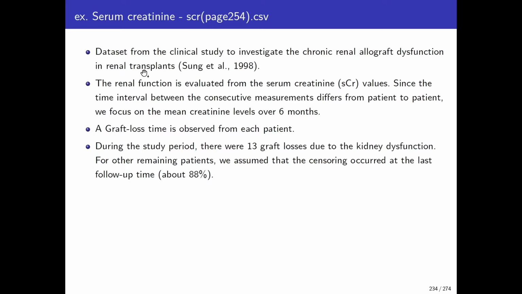Since the time interval between the quantitative measurements differs from patient to patient, we focus on the mean creatinine levels over 6 months. A graft loss time is observed for each patient. During the study period, there were 13 graft losses due to kidney dysfunction. For the other remaining patients, we assume that the censoring occurred at the last follow-up times, about 88%.